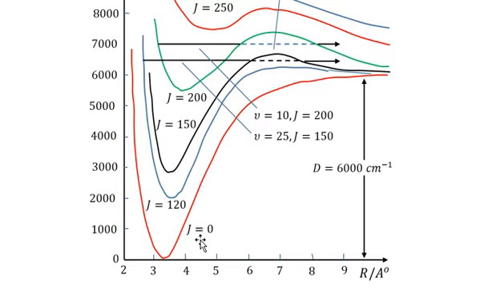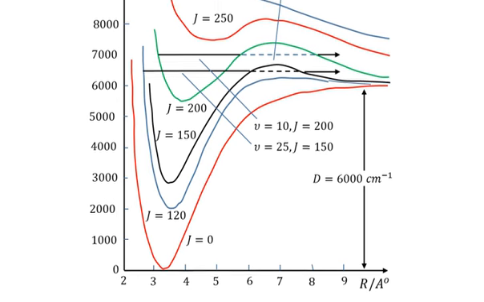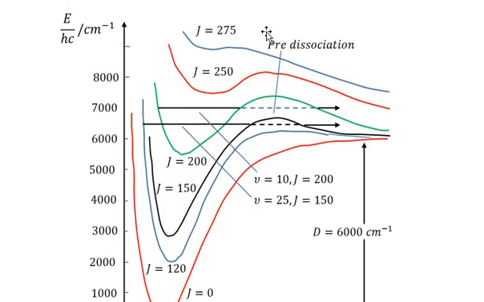But as you plot the effective potential for higher values of J, for example J equal to 120, it is slightly shifted to the right. With J equal to 150, it is even more shifted, and for J equal to 200, even more. For J equal to 250 and J equal to 275, the minima of these potential curves are shifted to the right of the equilibrium separation Re.